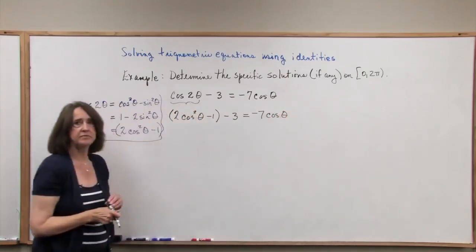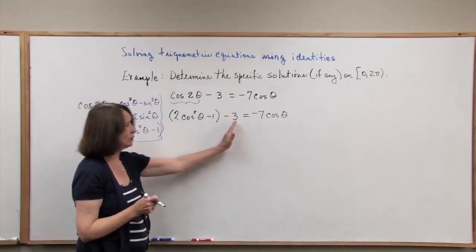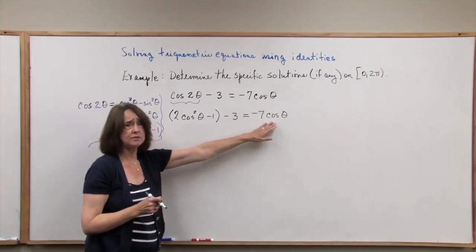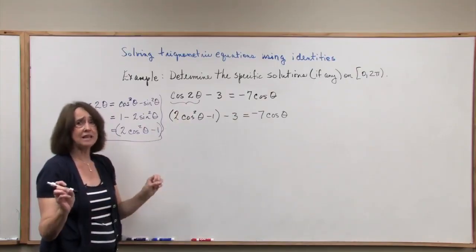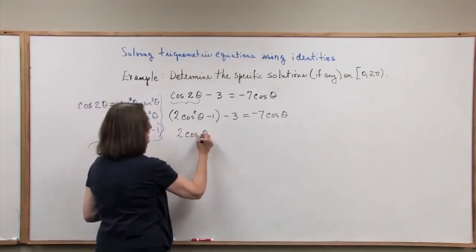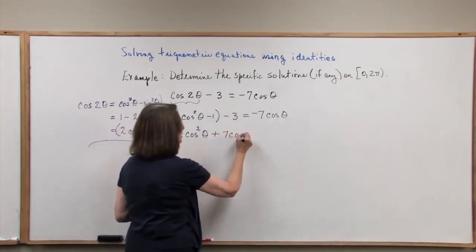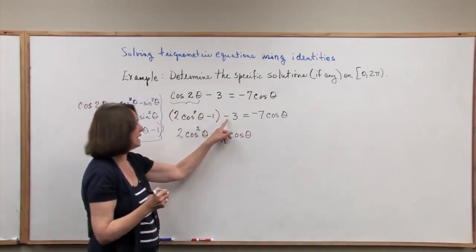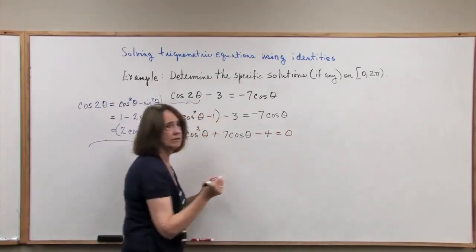cosine of theta. At this point, I need to combine like terms. I need to take the negative 7 cosine of theta to the left side, setting the whole equation equal to 0: 2 cosine of theta squared plus 7 cosine theta. A negative 1, a negative 3 gives me negative 4.